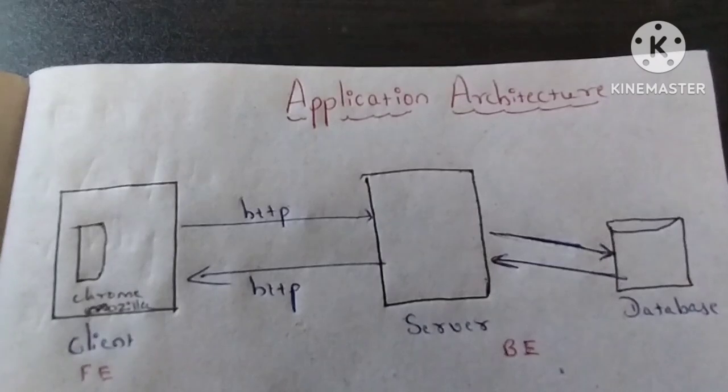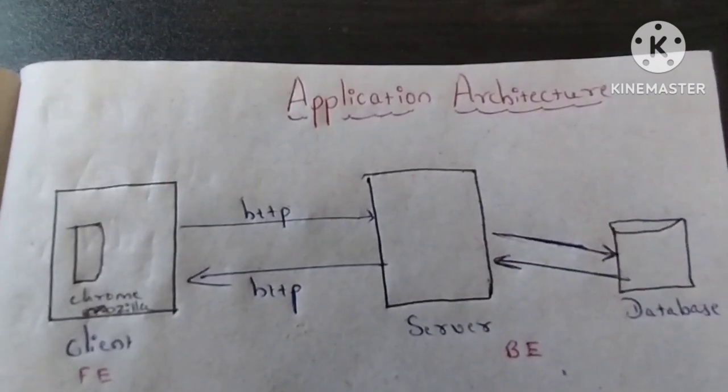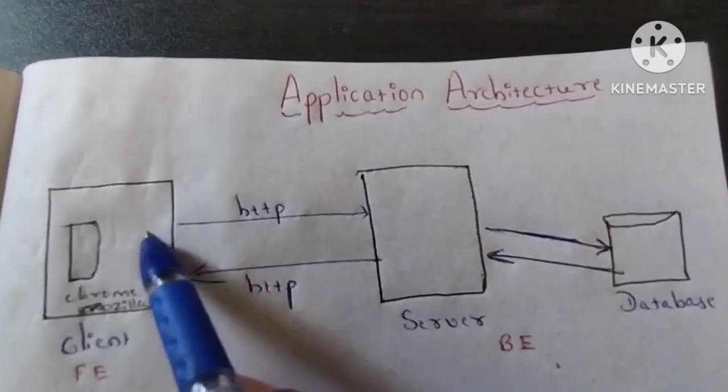whatever application we are going to build, we will test whether it is working properly or not. For that testing, first we need to understand what to test, where to test, and how to test. For that reason, first we need to understand the application architecture. Basically, our application is divided into three layers.